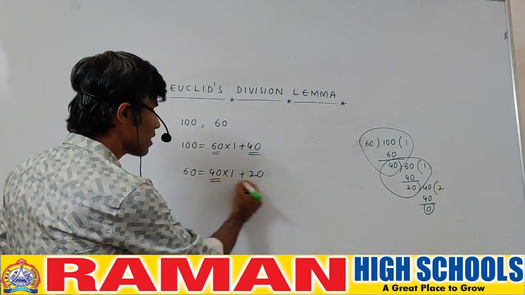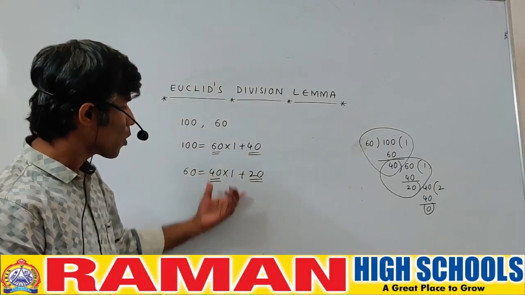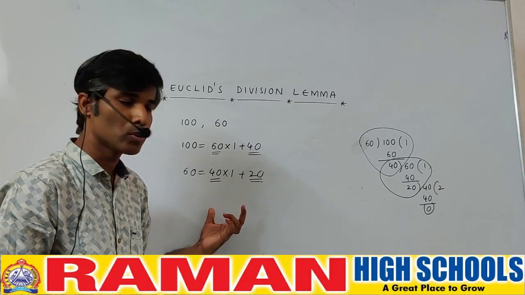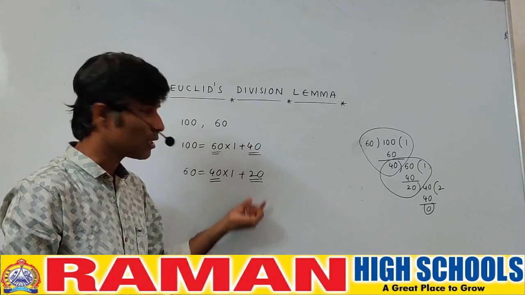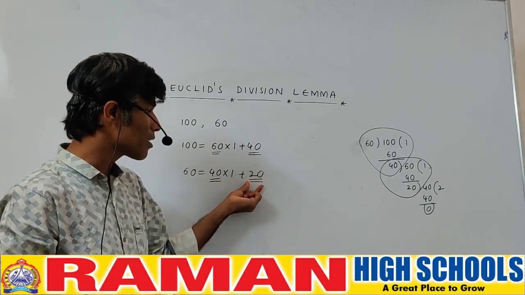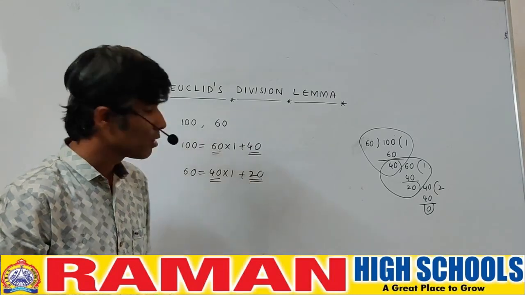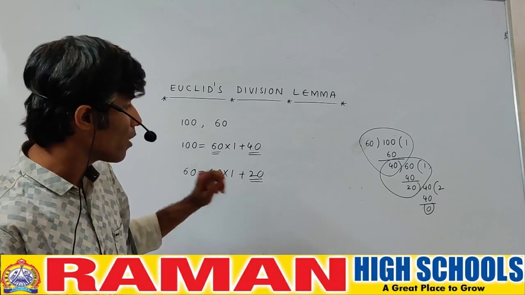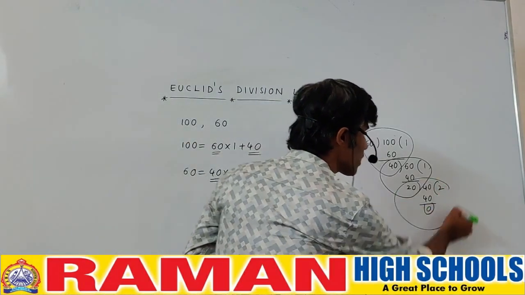Now again let us take these two numbers. This process we are going to continue until we get the remainder as 0. Here the remainder is not 0, therefore we are continuing this process. Now let us take this 40 and 20. Therefore, for 40 and 20 again we have a division. Let us take this division.